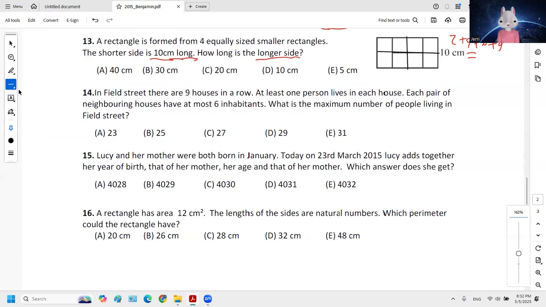So now they're all squares. Right now, if here is 10 and these are squares, then it will be 10 divided by 2 equals 5. And then here, 1, 2, 3, 4, will be 4 times 5 equals 20. So C is the answer.